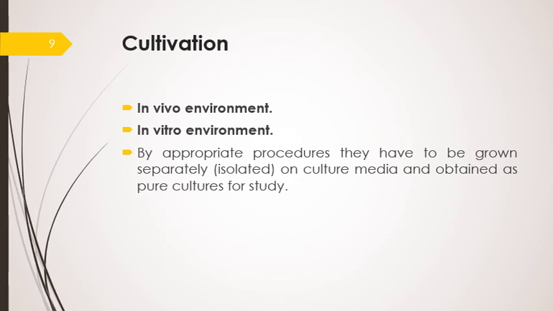Here we discuss this cultivation with reference to the in vivo environment and the in vitro environment. When the cultivation or propagation of a microorganism occurs within the whole living organism, we refer to such cultivation as the in vivo environment. And if the cultivation or propagation of a microorganism occurs outside the living organism in a controlled condition, for example in slants or in petri plates, then such cultivation is referred to as the in vitro environment.